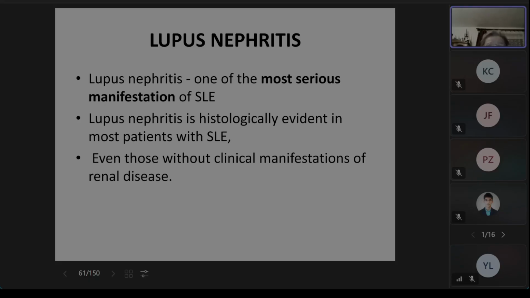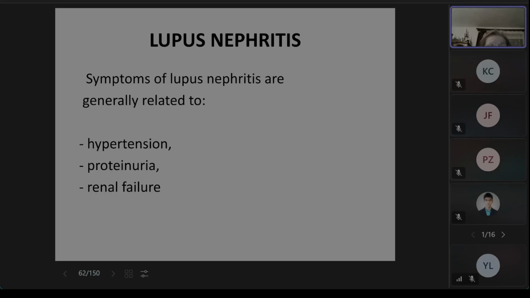Lupus nephritis is the most serious manifestation of systemic lupus erythematosus and is observed in at least 60 up to 90% of patients suffering from SLE. The symptoms of lupus nephritis are hypertension, proteinuria, and renal failure. Of course, this renal failure is in progress.